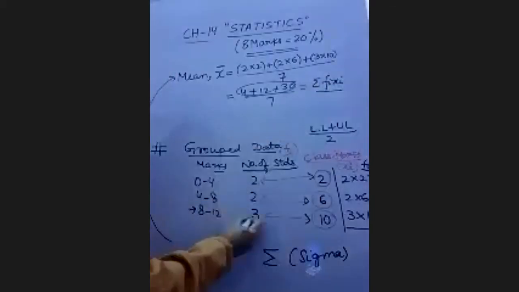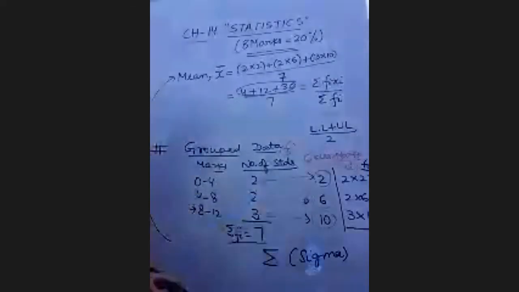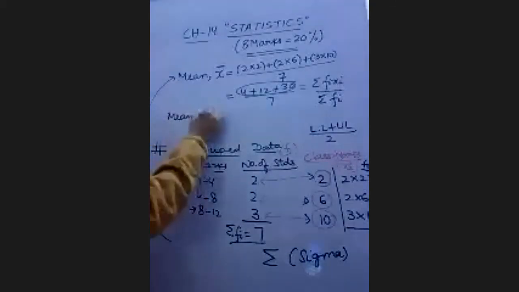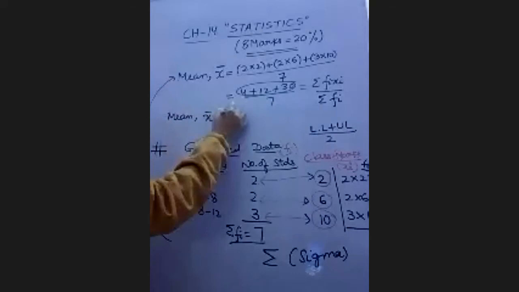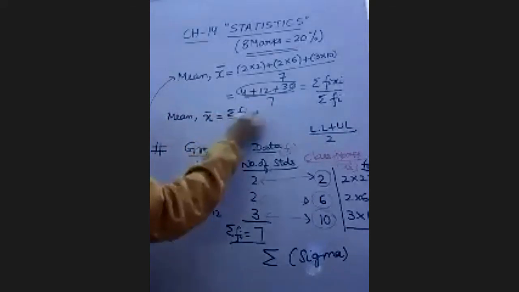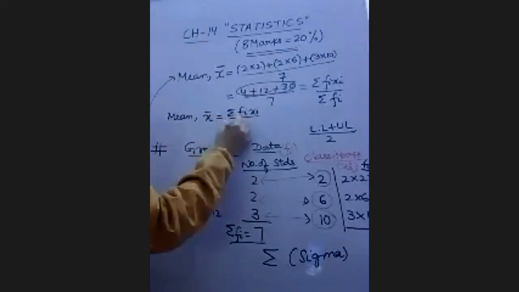And 7 is what? Sum of all the frequencies, summation fi. So the formula for mean, which is x bar, is the sum of fi xi divided by summation fi. Okay, now the rest we will continue tomorrow.